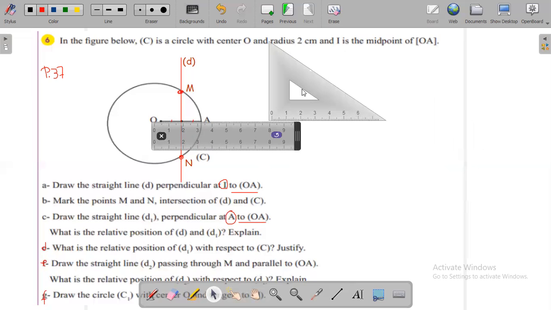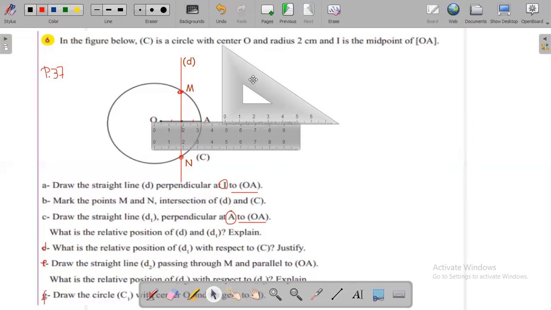A. Then we draw the perpendicular, and we elongate the line because it is a straight line.